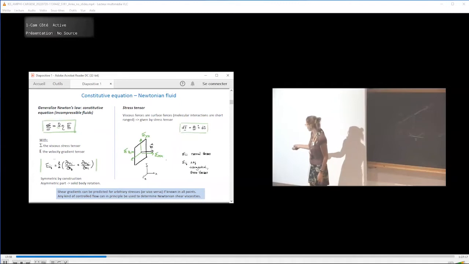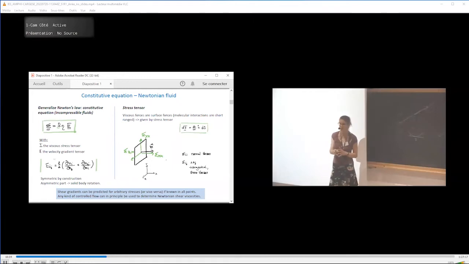Okay, so why do we define the shear rate tensor in the fact that it's actually symmetric? If you take just some general type of flow, you would construct a matrix which is just dv_i by dx_j, which is just the gradients everywhere. And then you know that every matrix you can actually split up just by construction into a symmetric and into an antisymmetric part. And if you look a bit closer at what the antisymmetric part corresponds to, it turns out that the antisymmetric part corresponds to a solid body rotation.